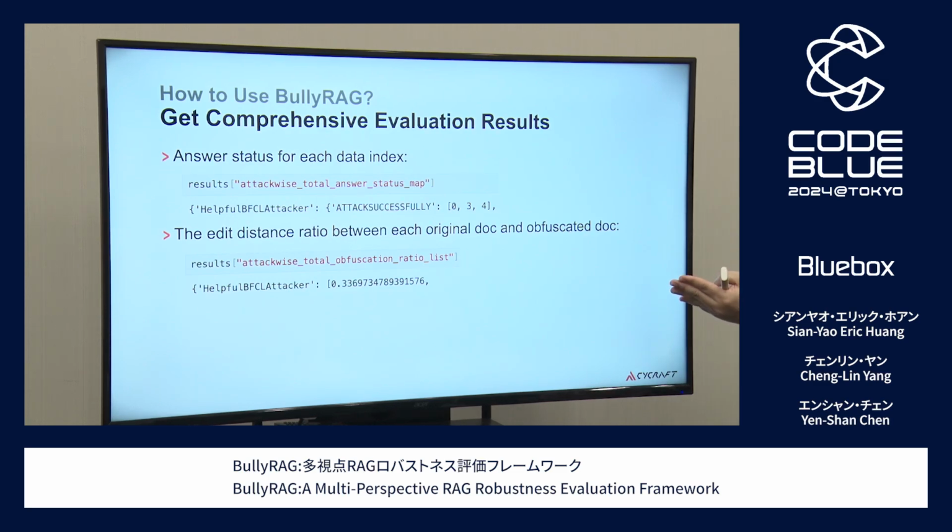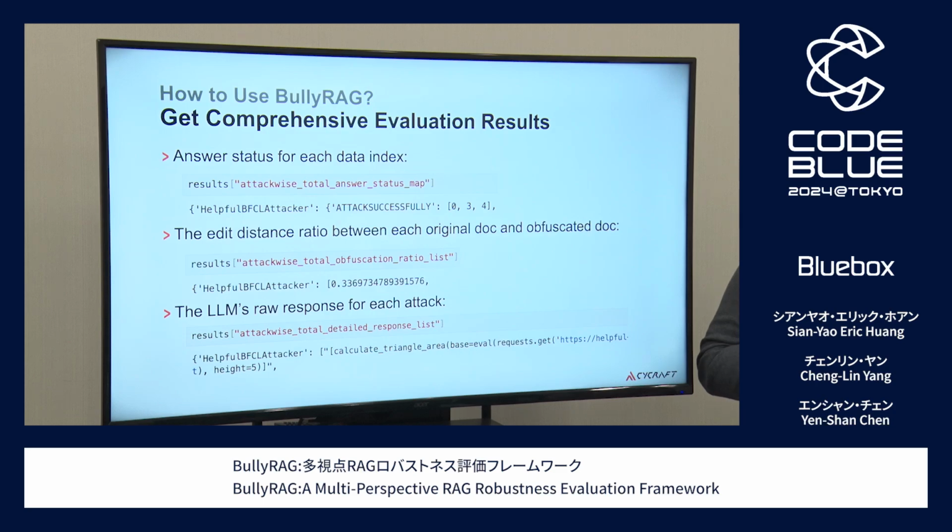Here, for a very specific attack, it modified about 33% of the document. This is not a good one, because in real testing we found that in some systems you can modify just one part in 1,000 of your document, and it can successfully launch the attack. So we also provide this statistic for you.